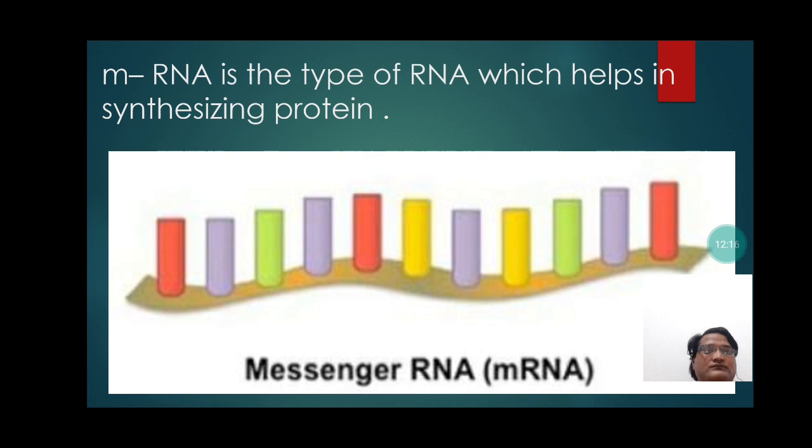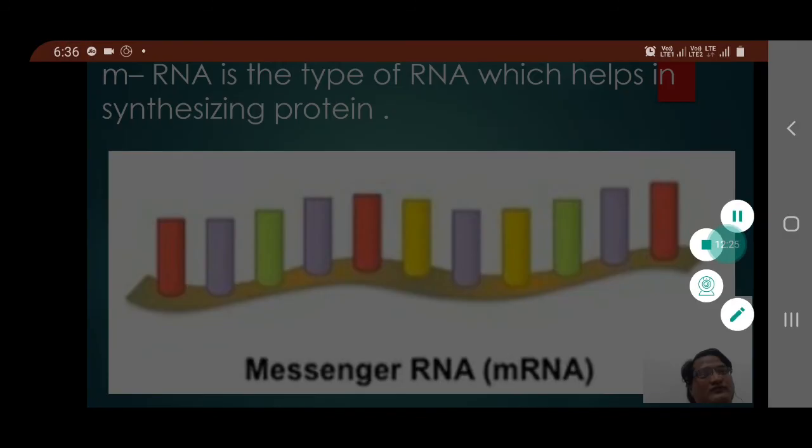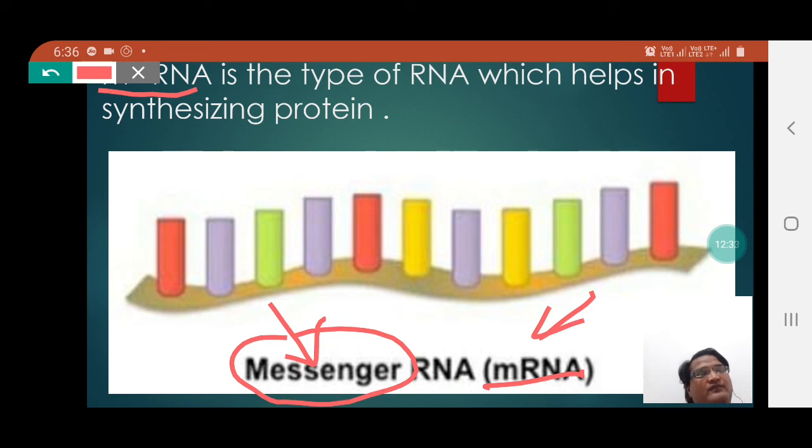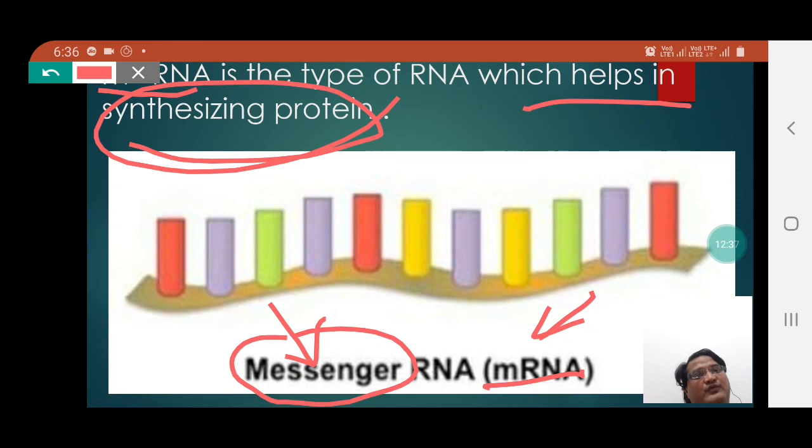mRNA is the type of RNA which helps in synthesizing protein. So students, mRNA actually represents messenger RNA, and the main function of which is that it helps in the synthesis of protein.